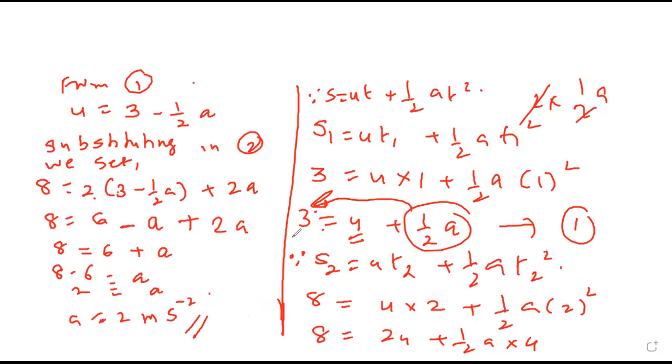Copy. So it is simple. I used formula of S, I got one equation. Second S, I got second equation. Now from the first equation, I am putting the value of u in the second. That's it. A little maths is more in there. a equal to 2 meter per second square.